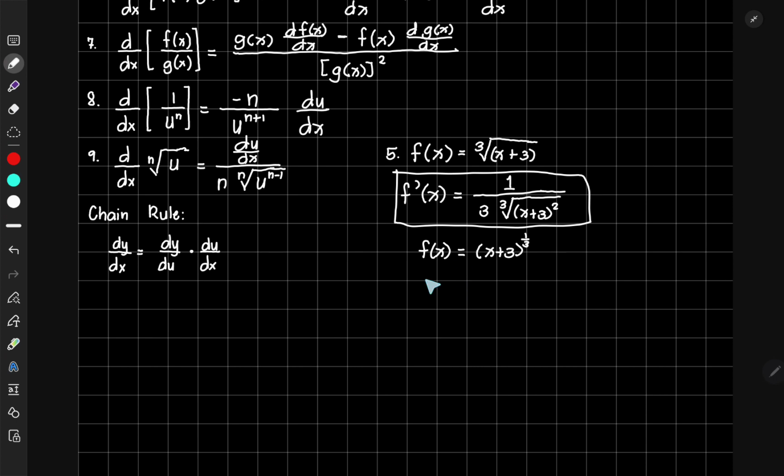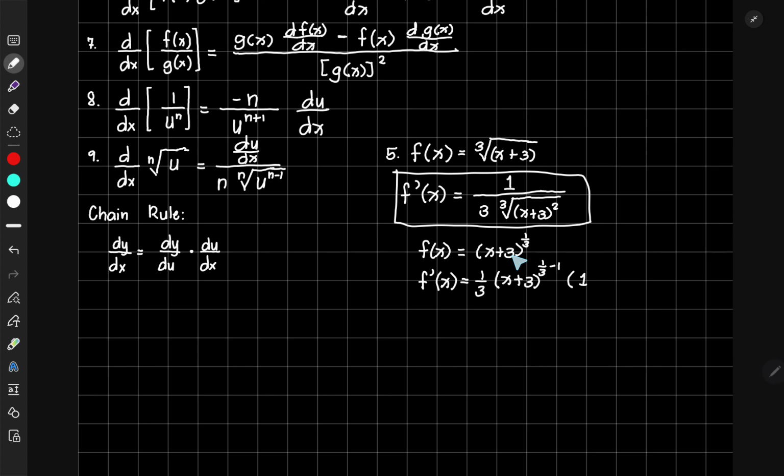So, getting the derivative using power rule, so we have to bring down yung 1/3. So, copy x plus 3 raised to 1/3. Then, derivative, 1/3 minus 1 pala. So, get the derivative of this one. So, we have the derivative of x is 1.